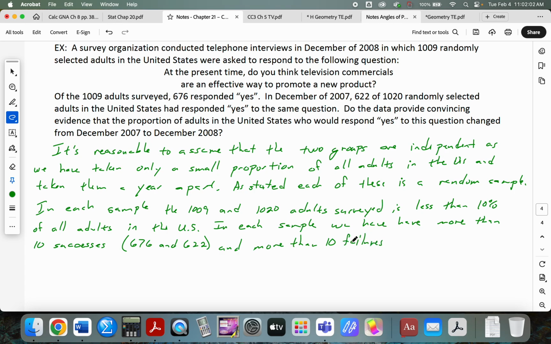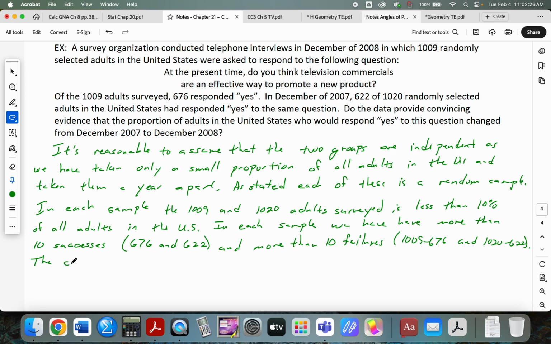And if you want to be super lazy here, you could do 1009 minus 676 and 1020 minus 622. So have we met all the criteria yet? Yes.